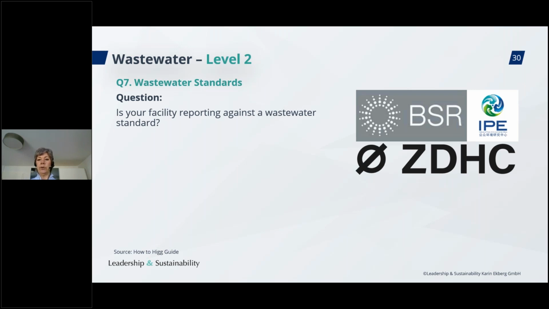And here you should not mention the local regulations or local standards that you have, but any additional standard that you have. And here you have the ZDHC wastewater guideline, the BSR, Business for Social Responsibility, the IPE, the Chinese NGO website, customer or brand specific standards that you may be reporting to, and then any other.